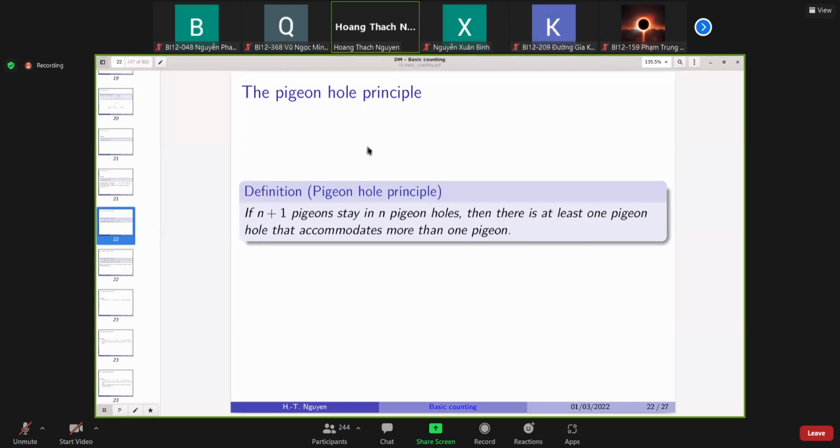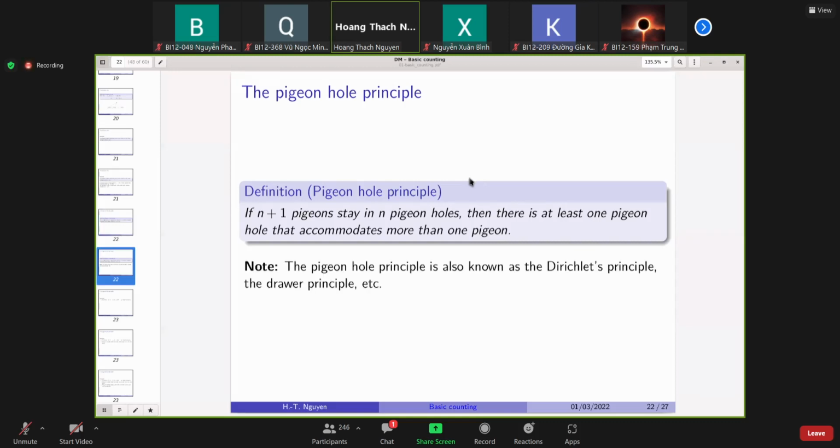In fact, you can say that mathematical knowledge is not required to understand this principle. Okay, if you have more pigeons than pigeonholes, then some pigeons must share a pigeonhole. Okay, so I guess that some of you may have heard of this principle under other names.